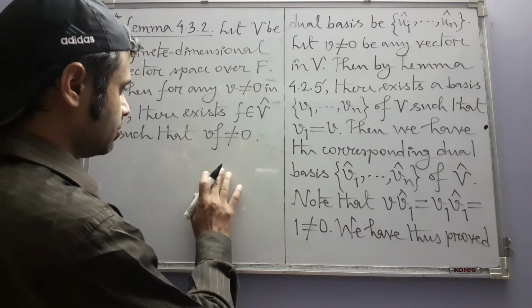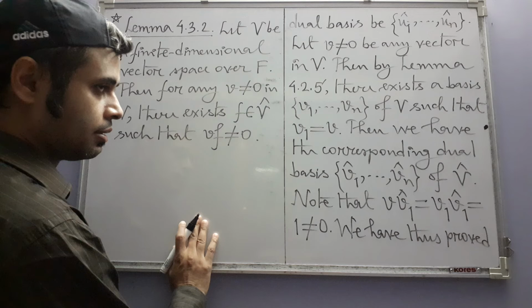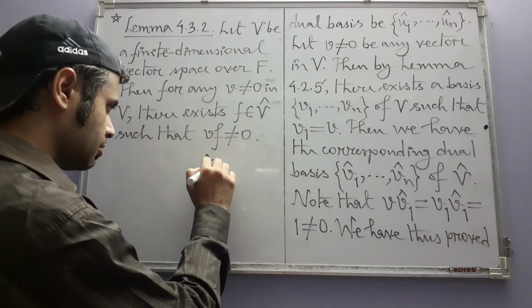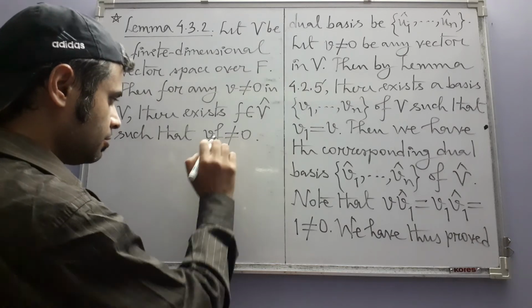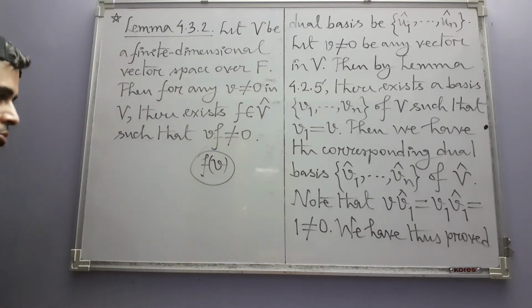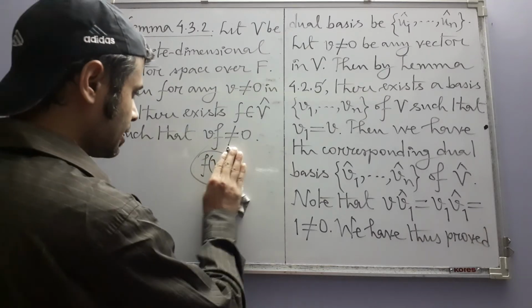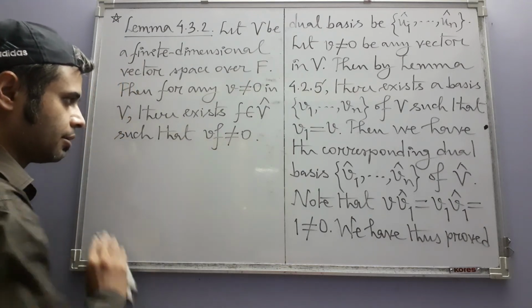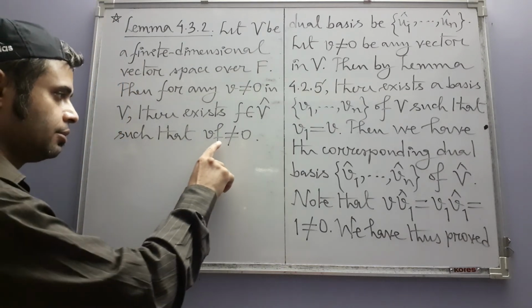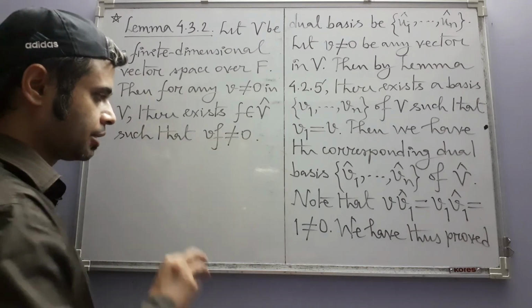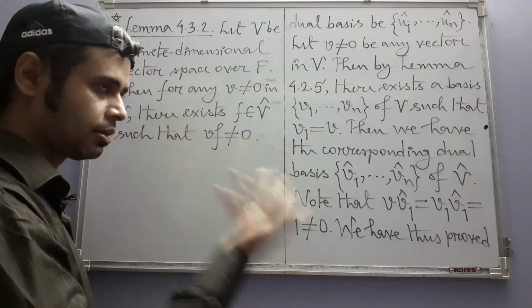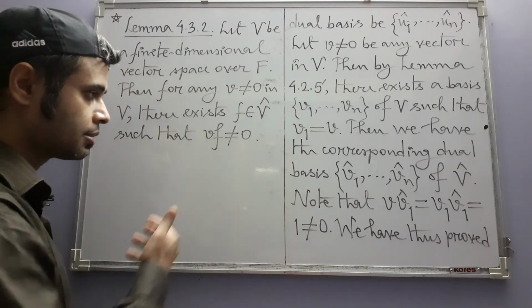One more thing I want to say here is that in the text you will see the author has written f of v, which I don't like. Why don't I like that? This I never understood about this man Herstein. If you are following one notation for writing functions, why do you write the other one also, to make things extra confusing?